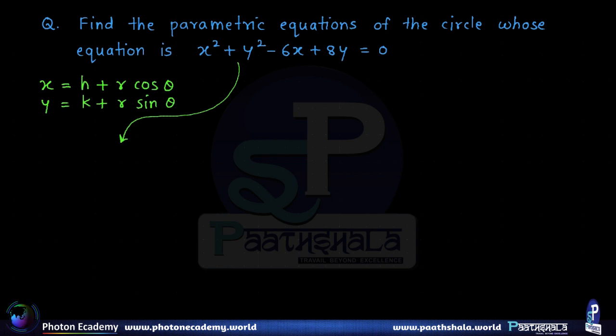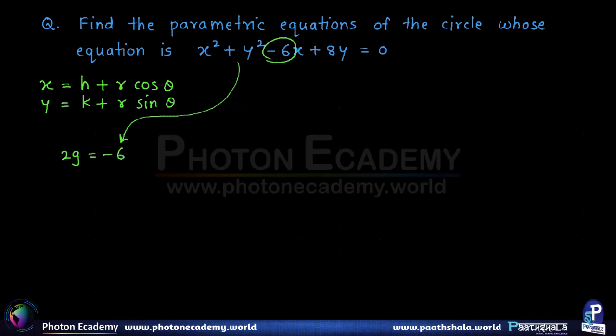Comparing with the standard form, here we have 2g is minus 6, so g is minus 3, and comparing the coefficient of y, which in the original equation is 2f, since that is equal to 8, f turns out to be 4.